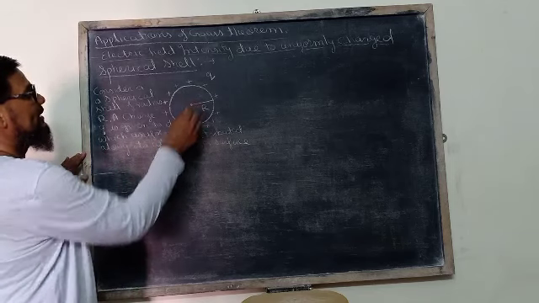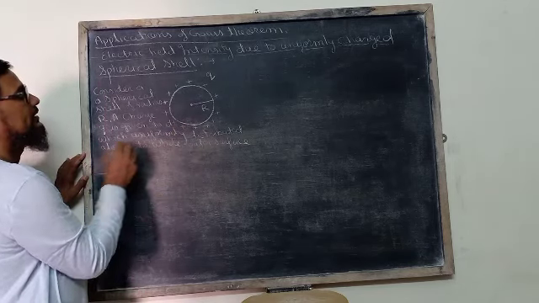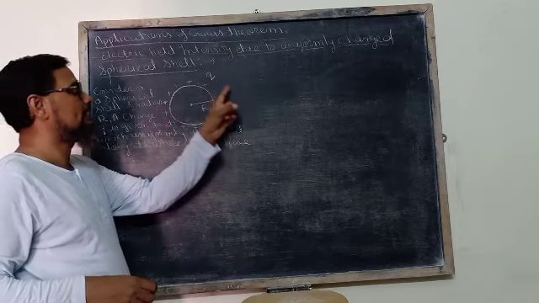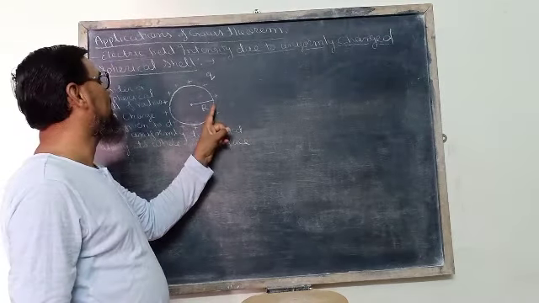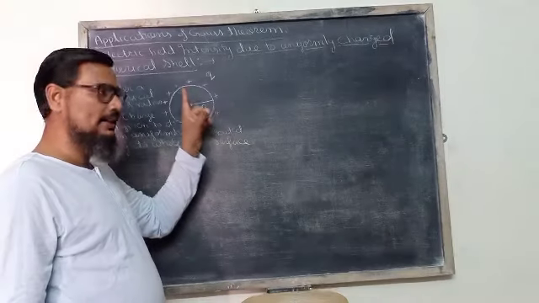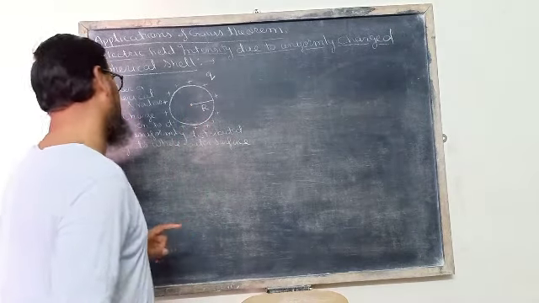And then we consider three cases: the electric field intensity outside the shell, the electric field intensity on the surface of the shell, and the electric field intensity inside the shell.